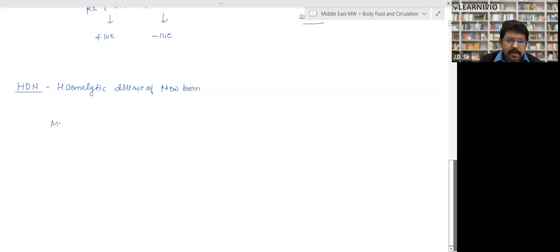Suppose that there is a mother. Mother has negative blood group, right? Now what will happen? The mother has a first baby. The first baby will have positive blood group, right? Mother's body will start making antibody.